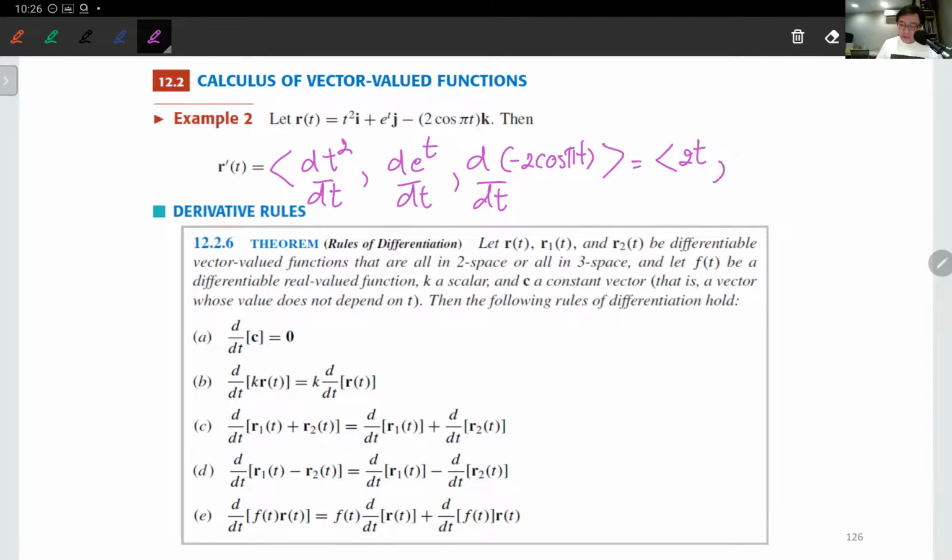Differentiate exponential t, you get e to the t. Derivative of the cosine, you get negative sine. Don't forget the constant in the front too. Cosine, you get negative sine. Negative turns positive, so I just get rid of that positive sign. And don't forget the chain rule. You have to differentiate pi t, you get an extra pi here. So let me put it in the front. Done.